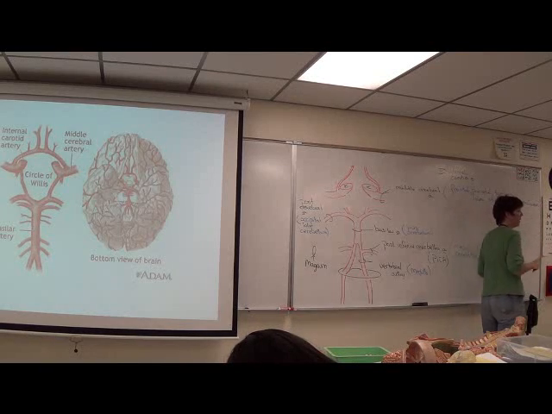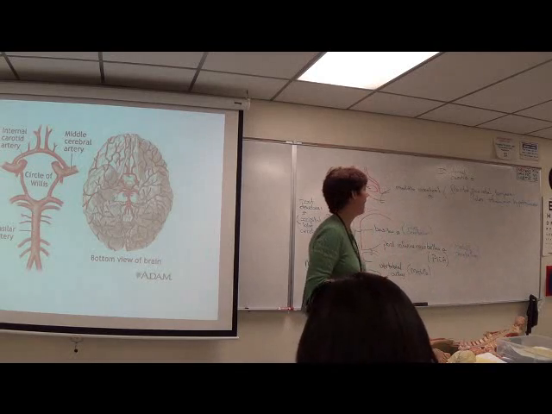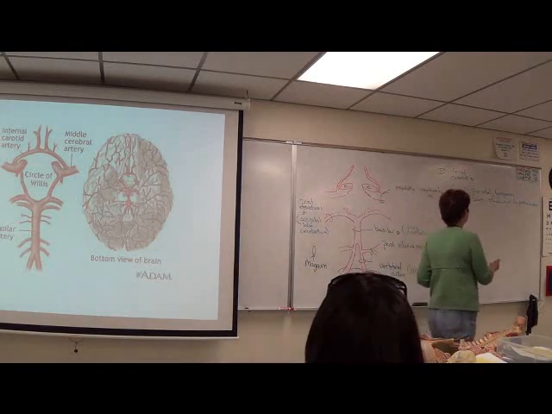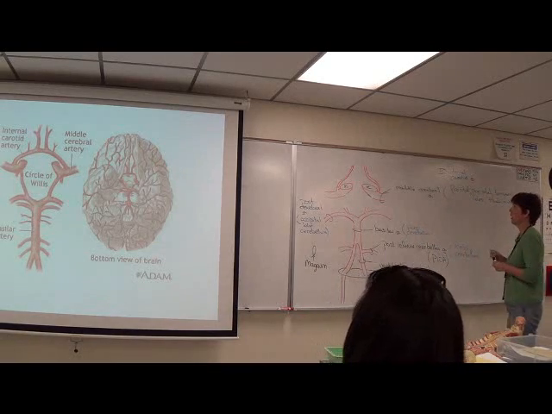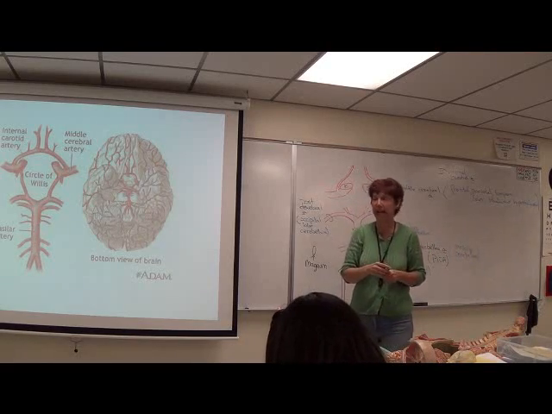It's easier to remember what's covered by the anterior cerebral and posterior cerebral, and everything else is middle, rather than label everything. Okay, now the two anterior cerebral arteries come together and meet in the midline.